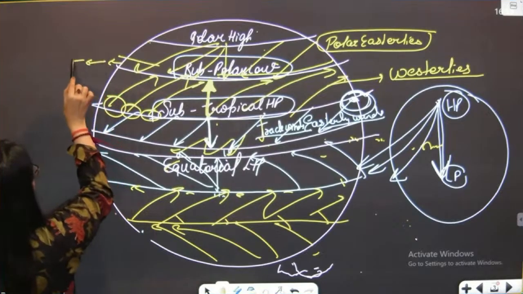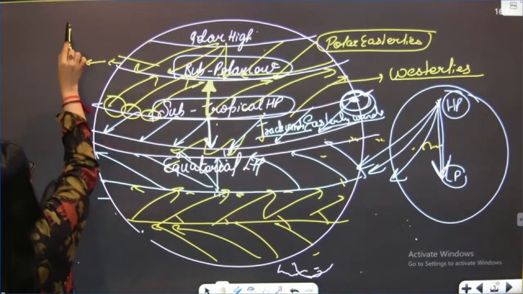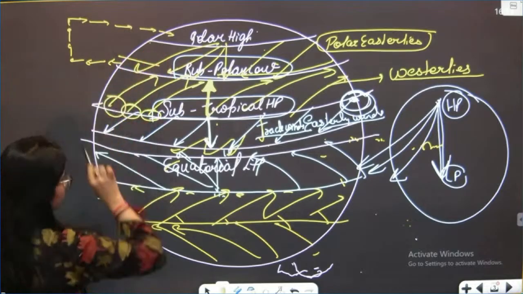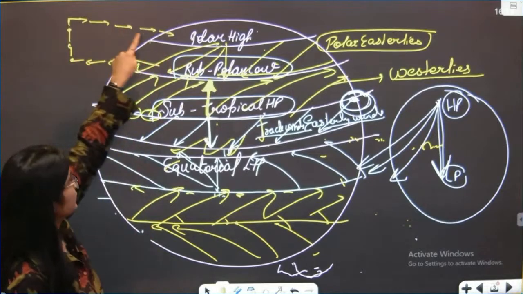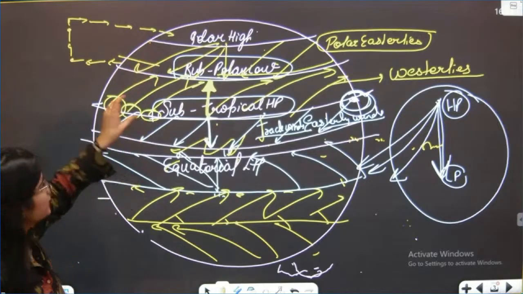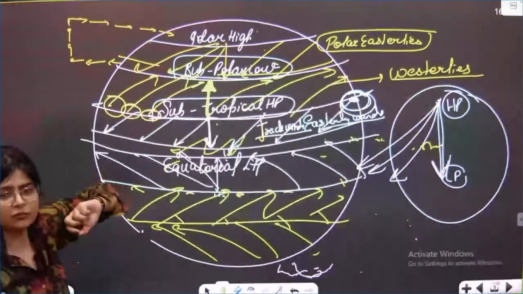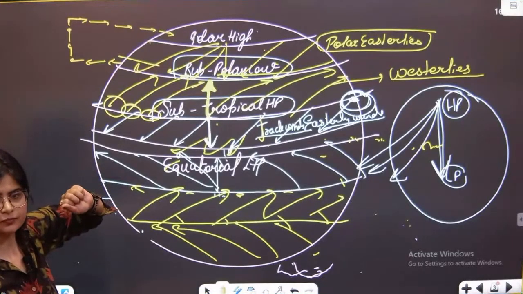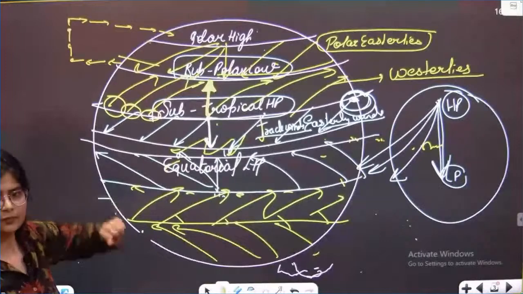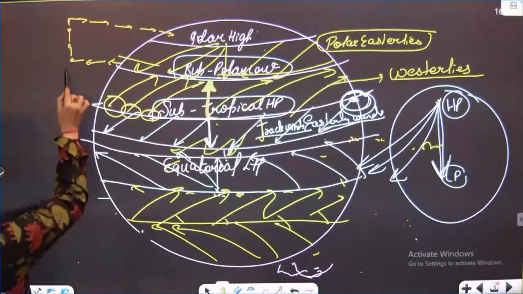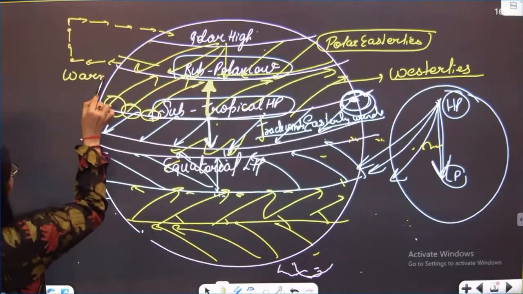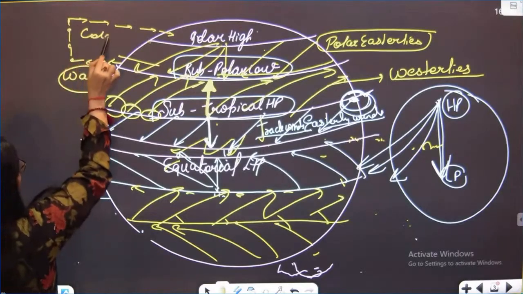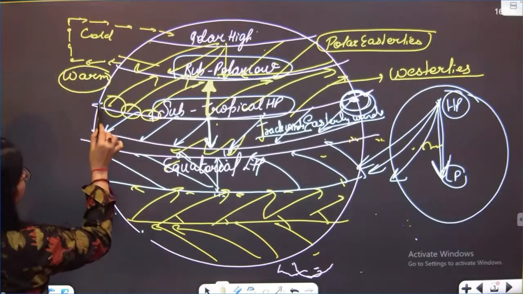Ascending, and it is descending, right? Ascending and descending there. Tell me the hot air mass and the cold air mass here. This is warm, and this is cold. Similarly, what will happen here?